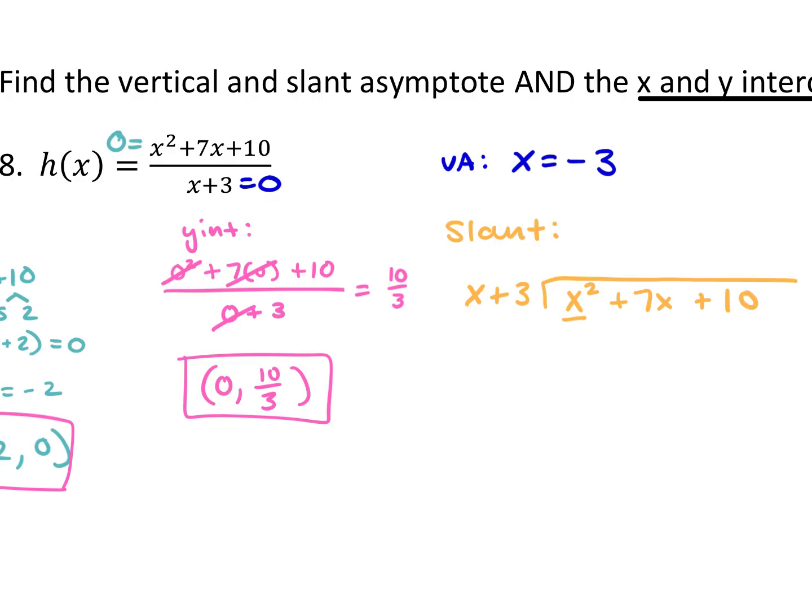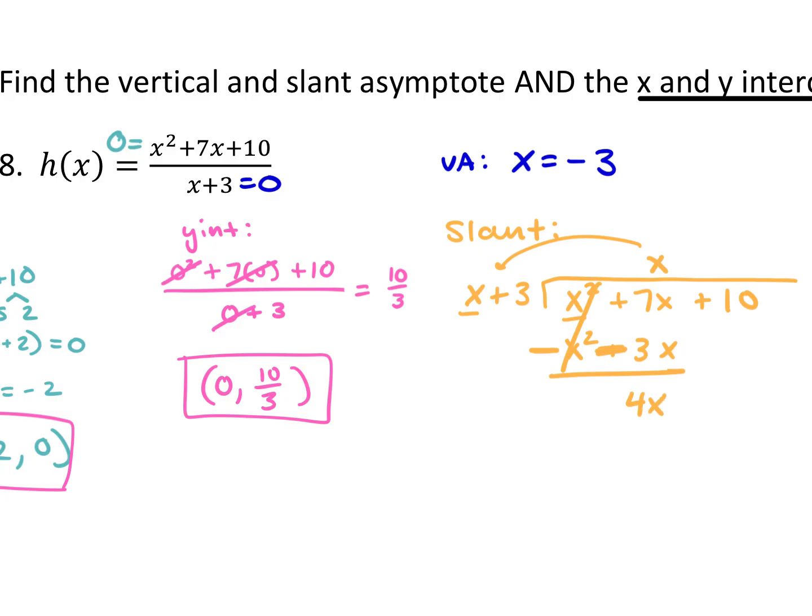So what's x squared divided by x? X. Then we multiply that times everything out front, so we get x squared plus 3x. What do we do next? Change the signs and combine. So x squareds cancel. What's 7x minus 3x? 4x.